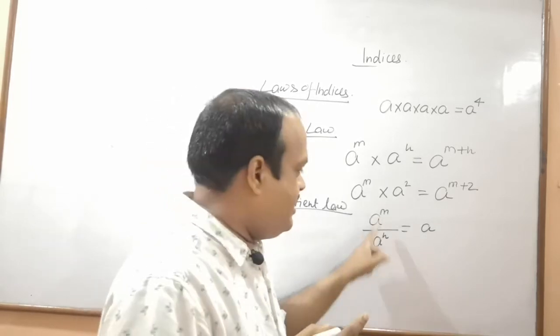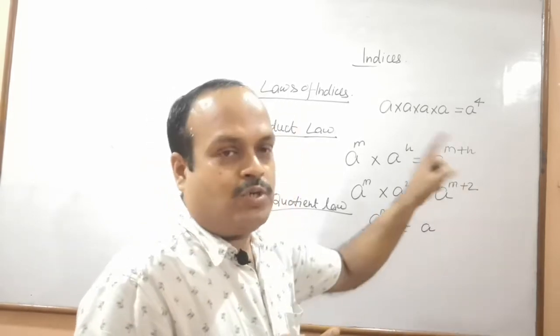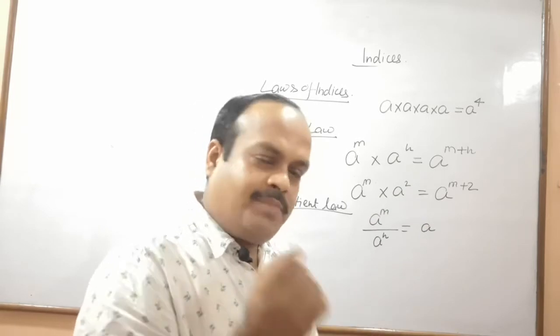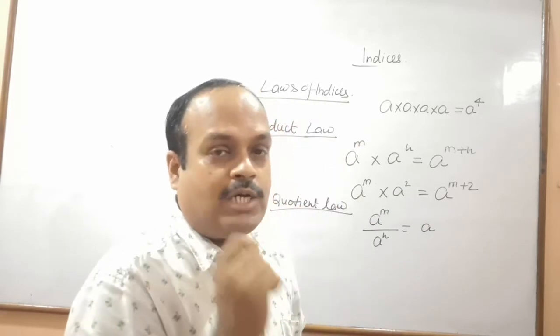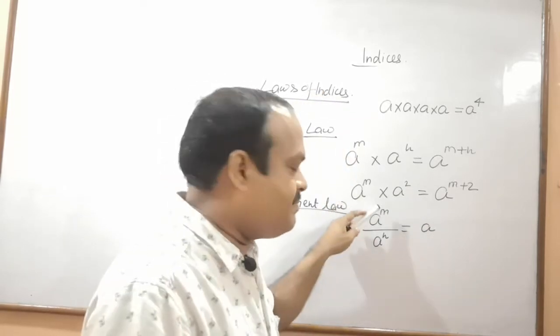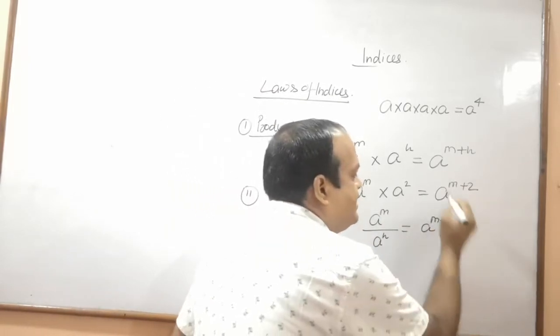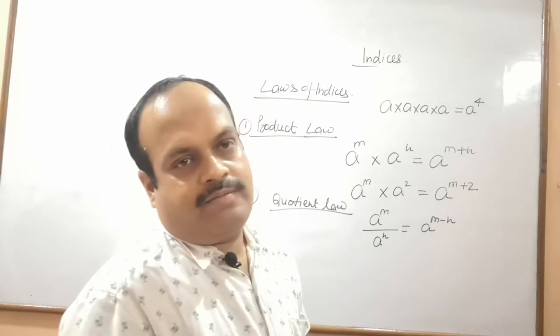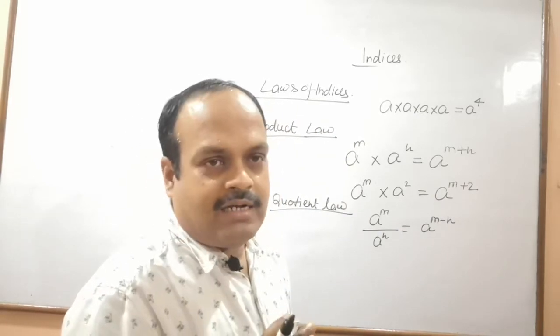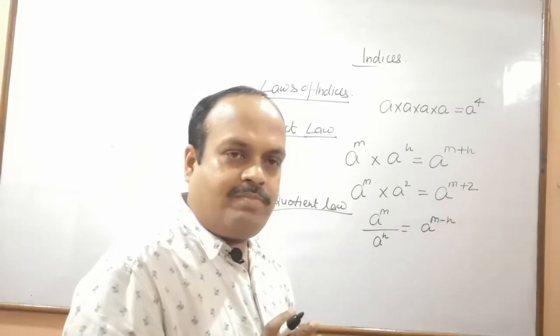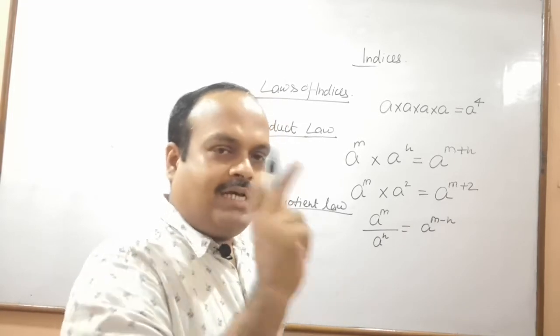Keep the base the same. Here the bases are a and a. So to get the quotient, keep the base the same, but the power is equal to the difference of the powers of the numerator and denominator. M minus n. Clear? This can be written as a to the power m minus n.